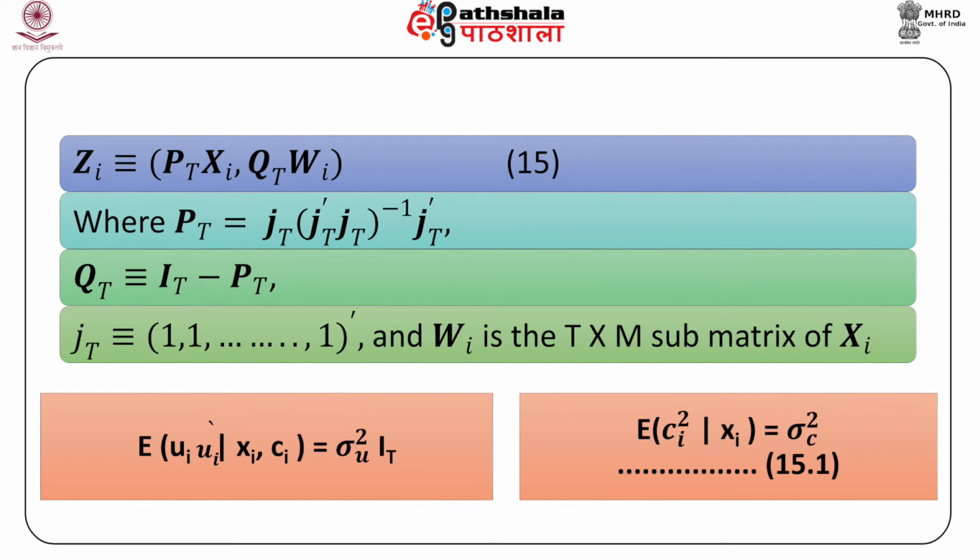In that case, an unrestricted estimator of omega should be used because an unrestricted estimator of omega is consistent with or without the random effects structure. 3SLS with unrestricted omega hat and IVs, which are the instrumental variables in matrix 15, is no less efficient than the random effects estimator.